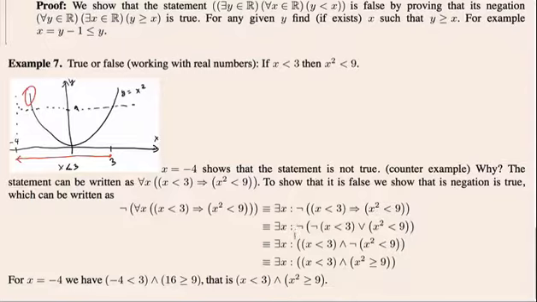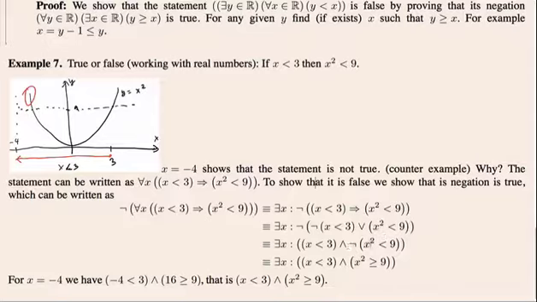And then the implication can be written as not x less than 3 or x squared less than 9. And this is what we have to negate. And when we use the double negation, they cancel each other. And or changes into and, and we have to negate this second inequality.